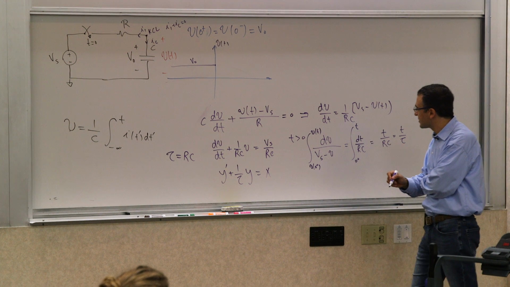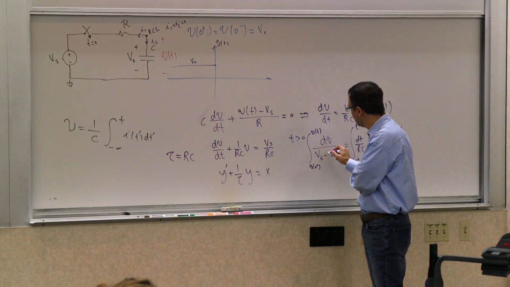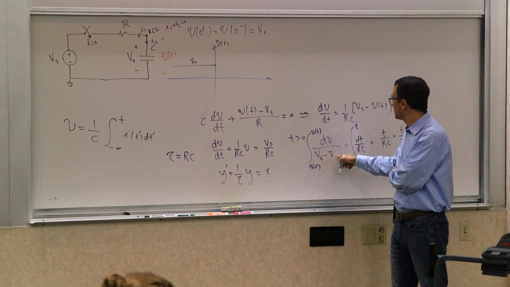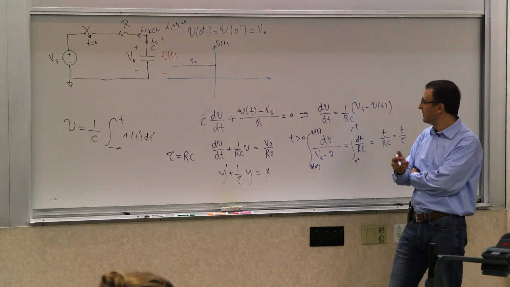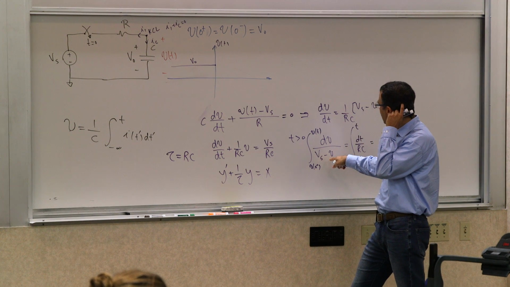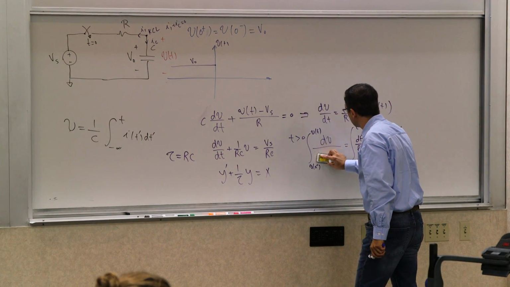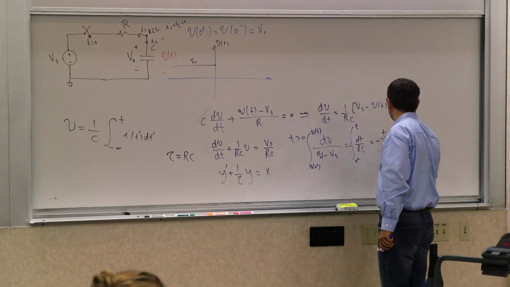And how about the left-hand side? What is the indefinite integral of dV over Vs minus V? There's a minus sign here, so why don't I just make this V minus Vs and put the minus sign on the other side?